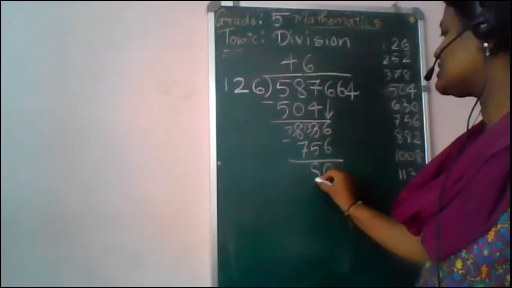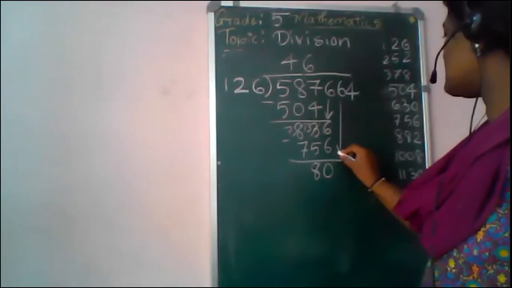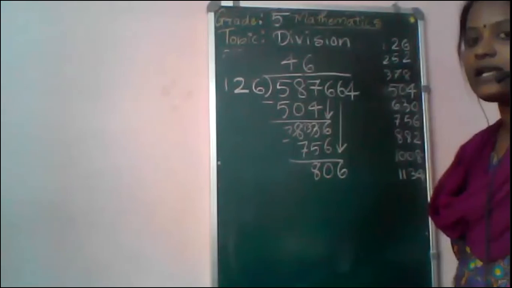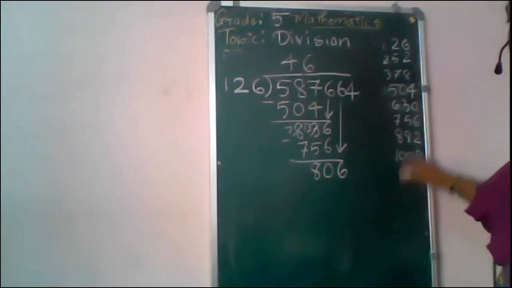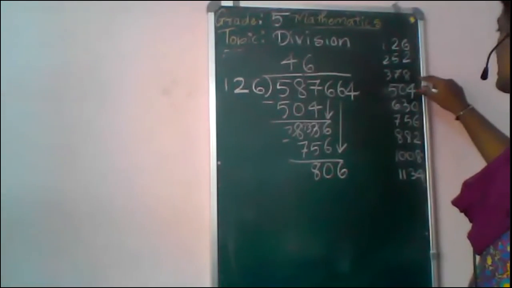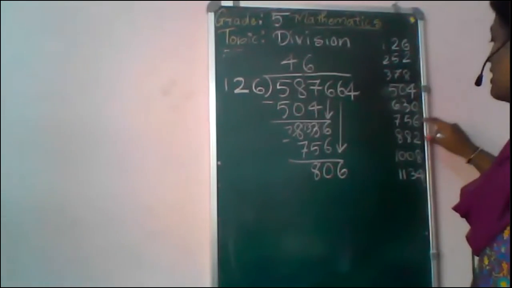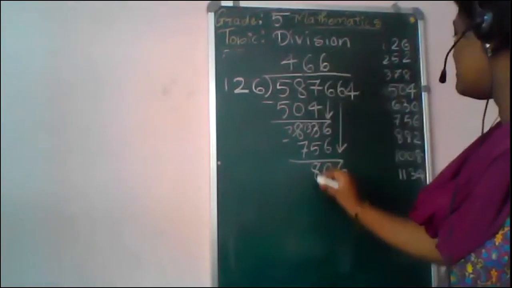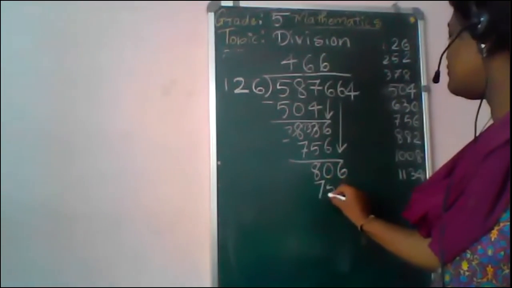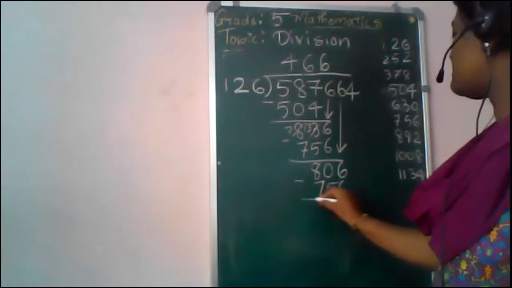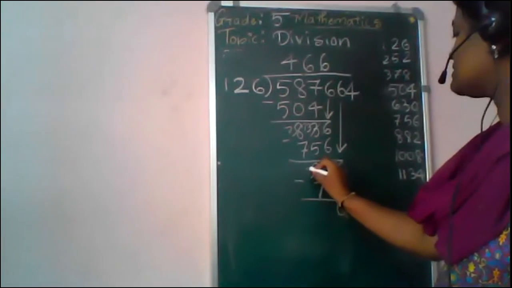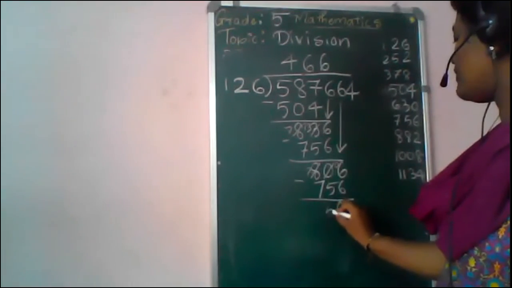13 minus 5 is 8. Bring down the next digit 6. 806, again we look for the nearest: 1, 2, 3, 4, 5, 6. And again we take 126 sixes are 756. We subtract, we have 0, here 10, 7, so 5.